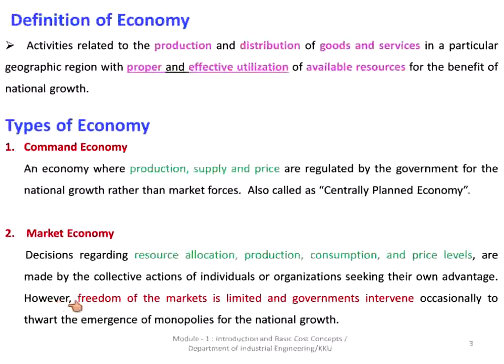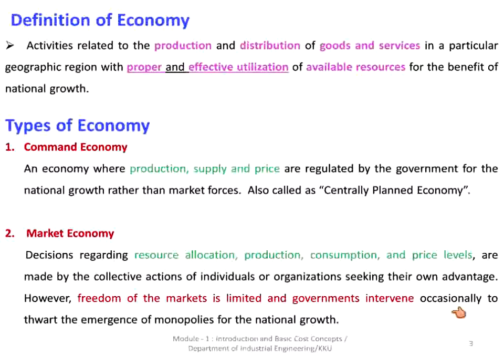But keep in mind, market people are not given full freedom, but still the government is controlling them. See here the red color line. However, the freedom of markets is limited and governments intervene occasionally.